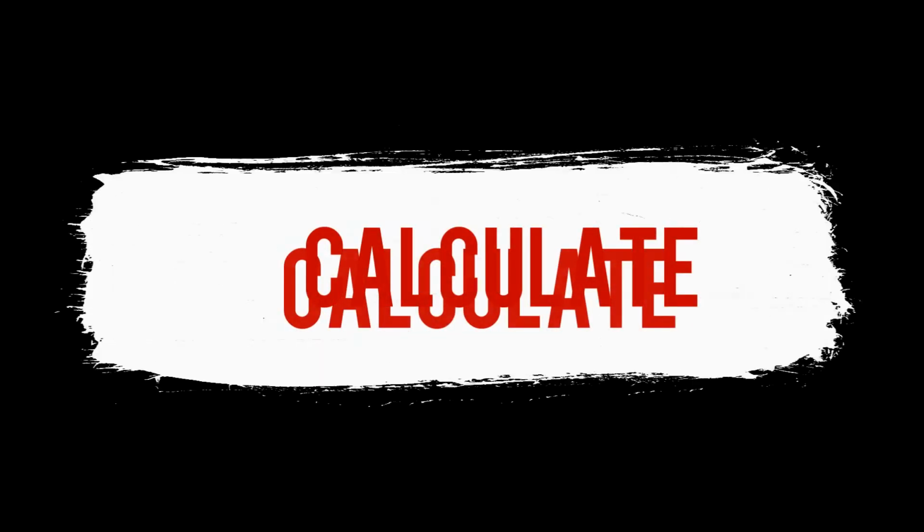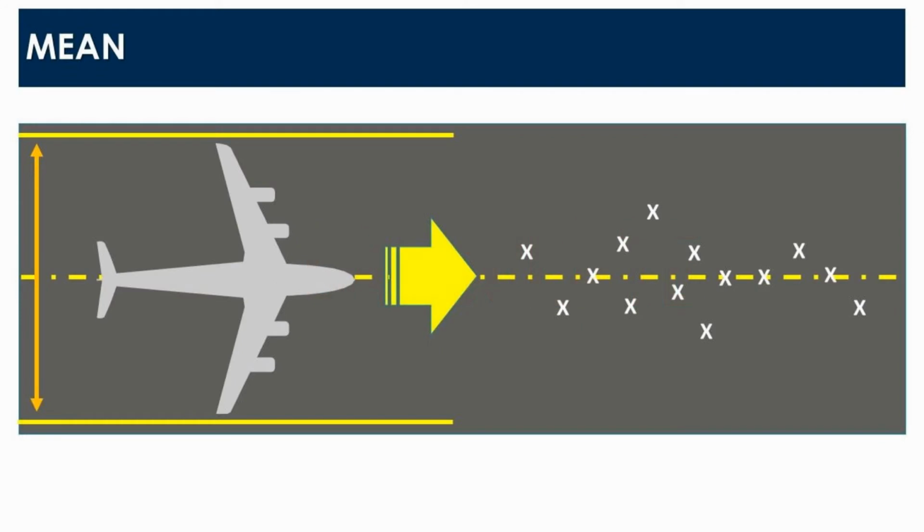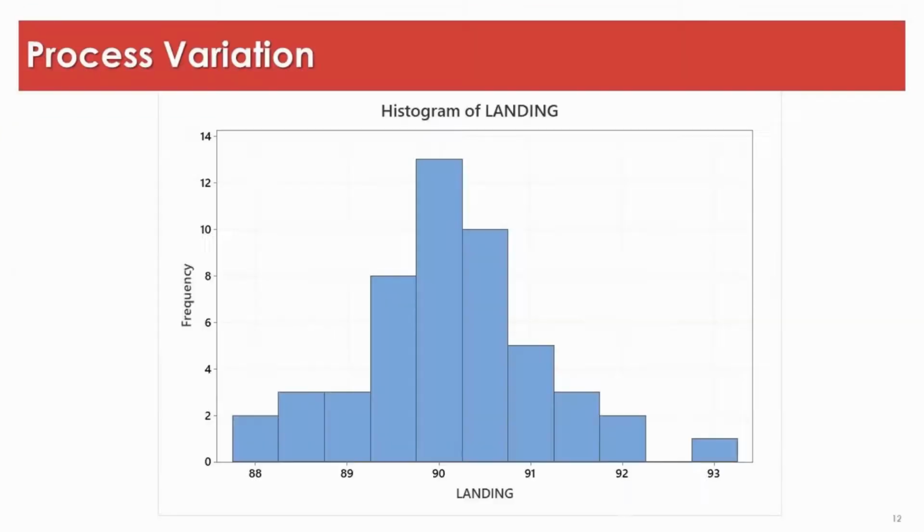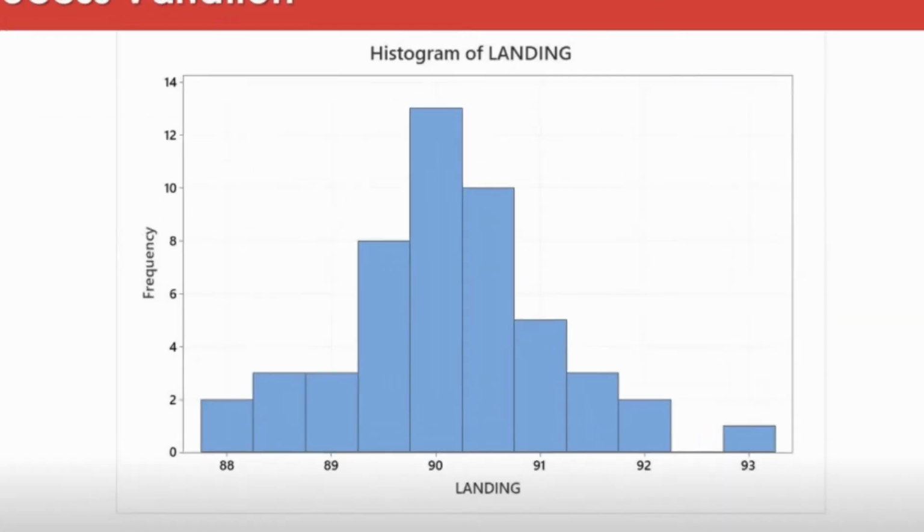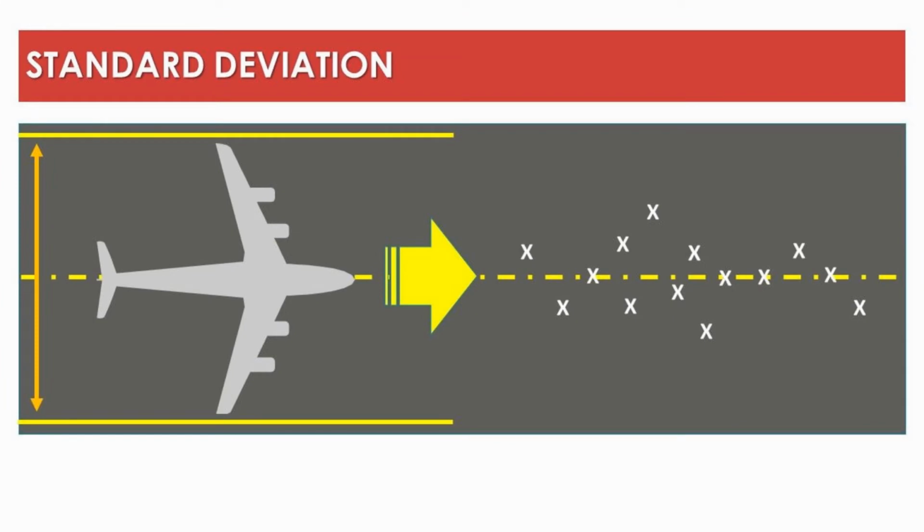We can calculate the mean or the average, that is the middle value. Second step is to calculate the standard deviation. Standard deviation is a measurement of variation, and if it's bigger, you have higher variability.